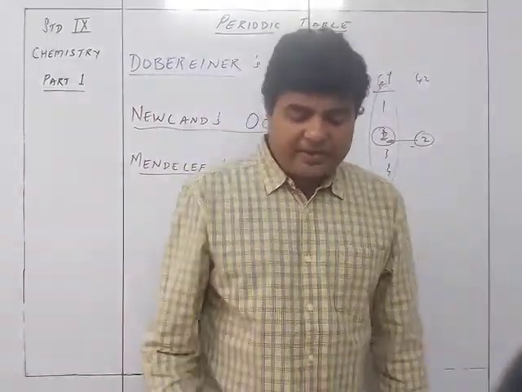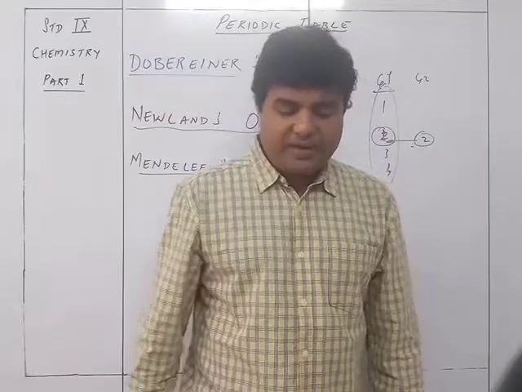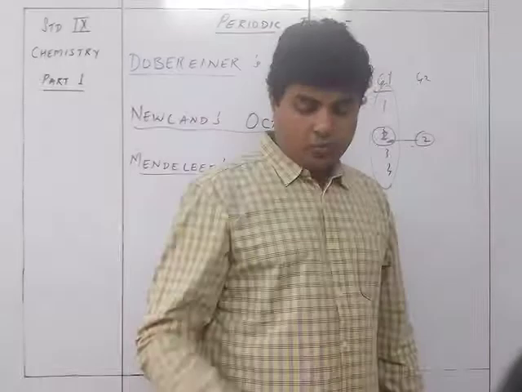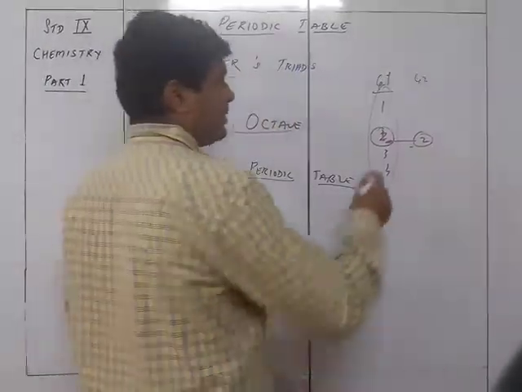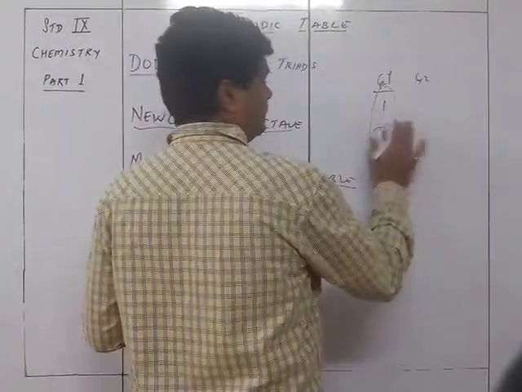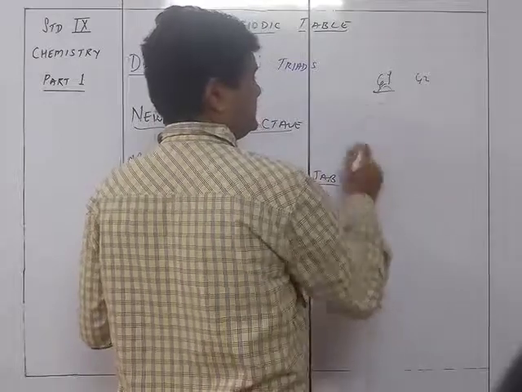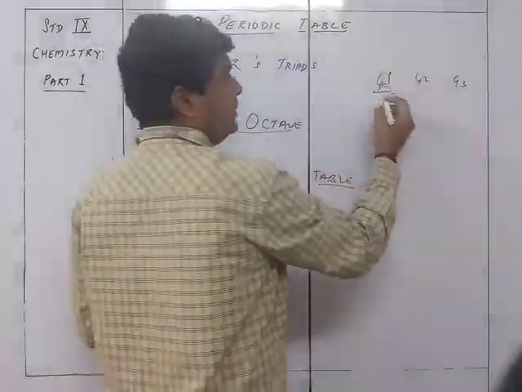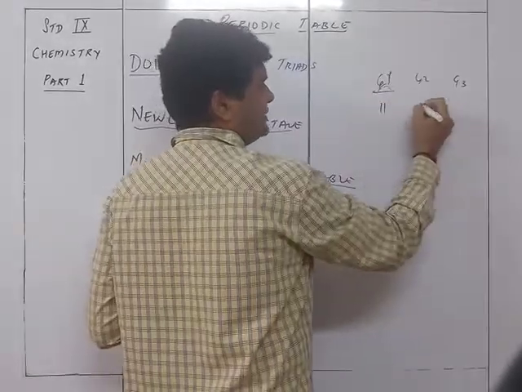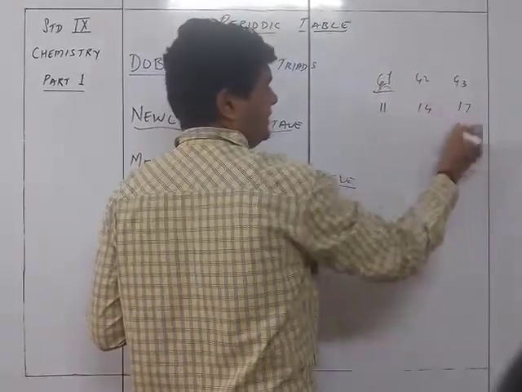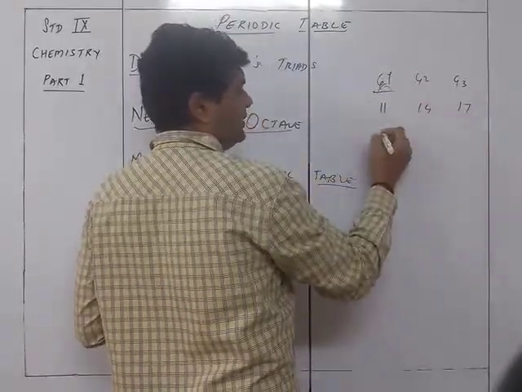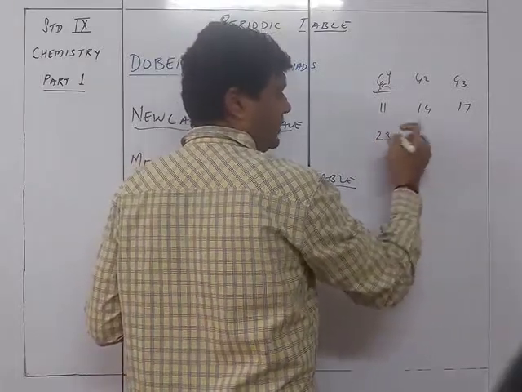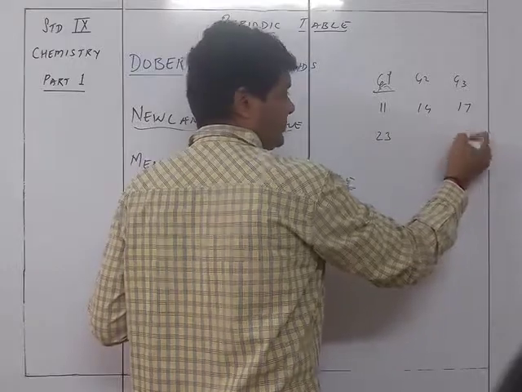Based on the periodicity of the properties, a number of gaps were left in the table for undiscovered elements. For example, suppose we take atomic masses, just 3 of them. Suppose this is 11 and this is 14 and this is 17, and below that is 23, and this one is not known, but here you know this is 27.